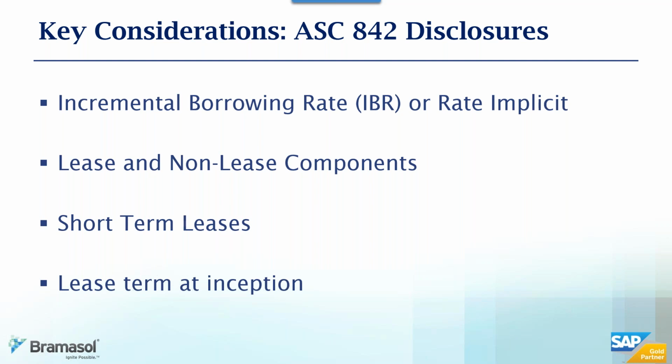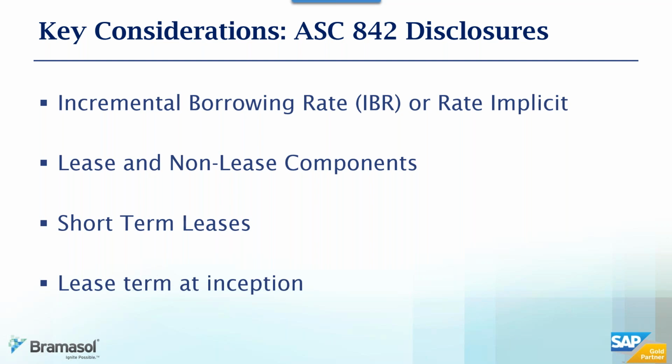So therefore, there's an expedient that you can use. What is your incremental borrowing rate? The number one question we get on every single project is, Bramasol, where do we start? How do I assess what is a typical incremental borrowing rate that we should use?